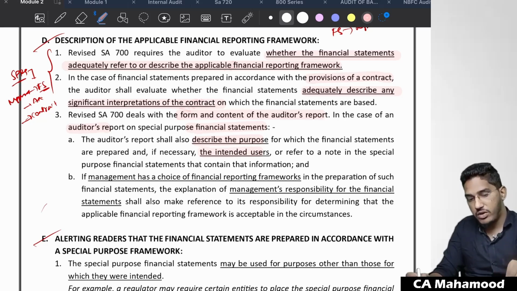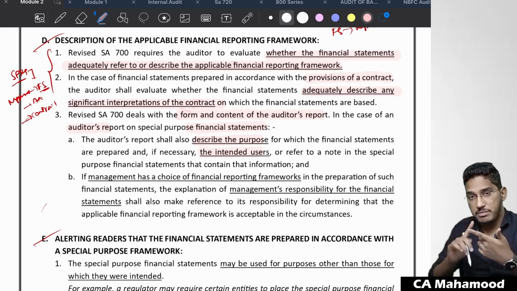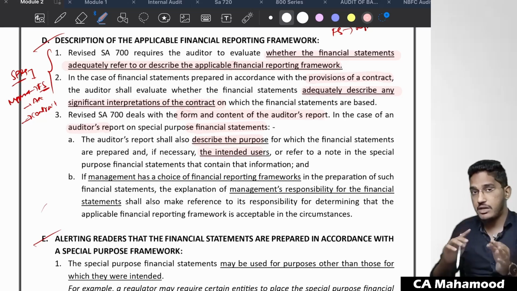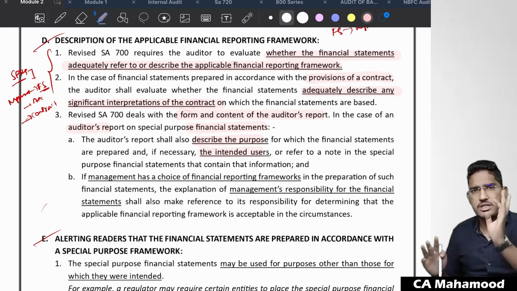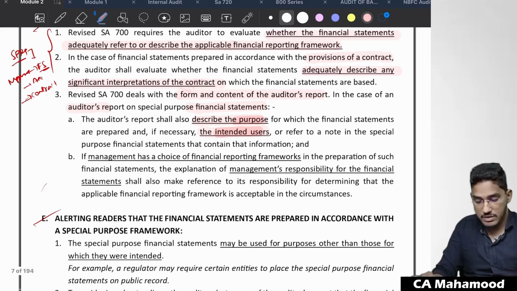Like if I am preparing an audit report on financial statements prepared on cash basis for the banker, I will say in my audit report, these financial statements are prepared for the purpose of getting a loan, and are intended to be used only by the banker, not by anybody else. That you have to clearly describe in your auditor's report.